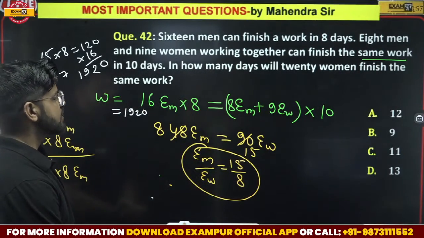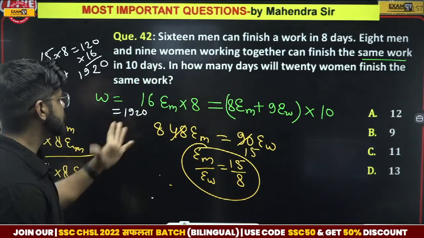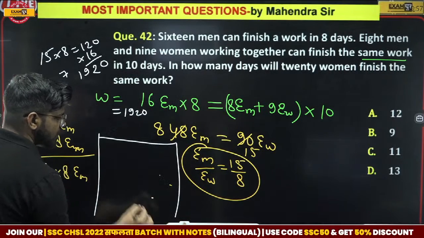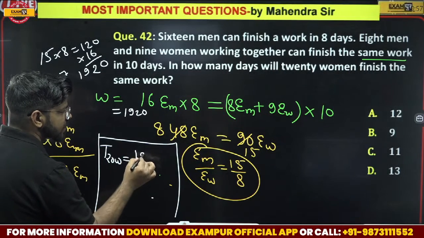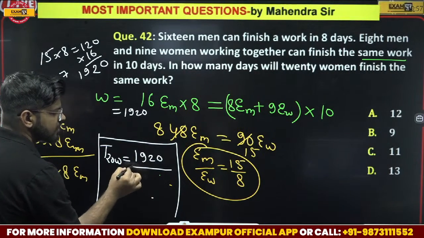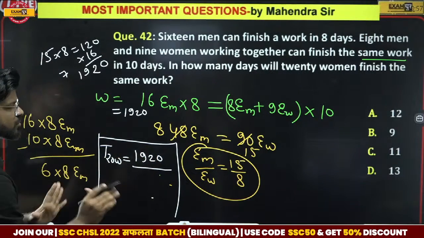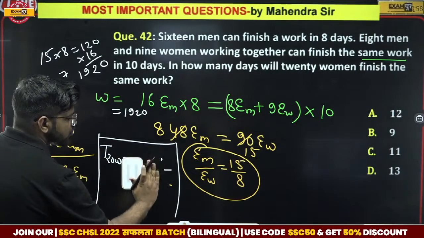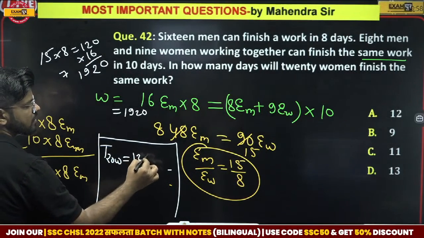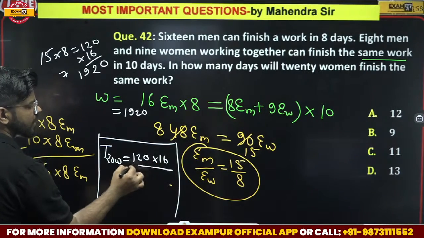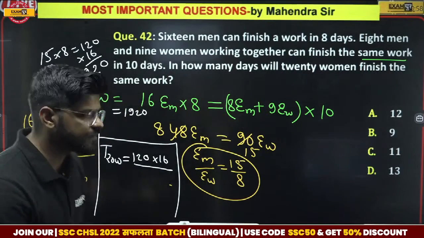Now what is asked in the question? In how many days can 20 women finish the same work? Work is nothing but 120 into 16. You can also write this if you don't want to calculate now, because ultimately you have to divide by efficiency.